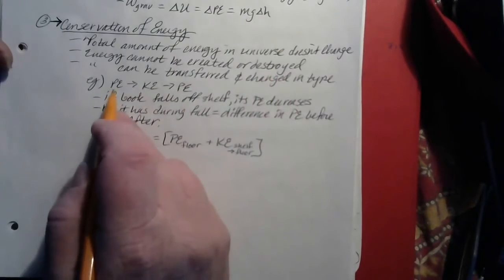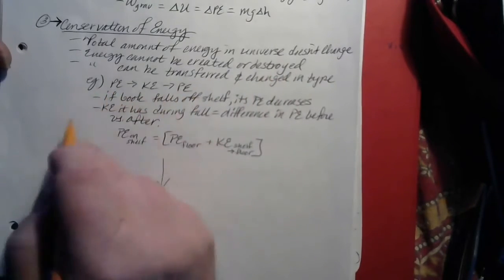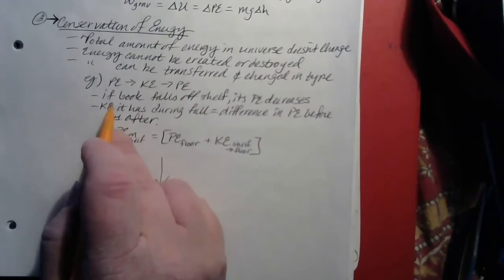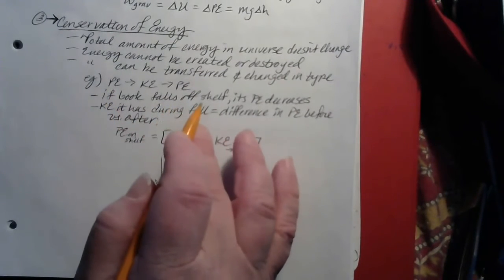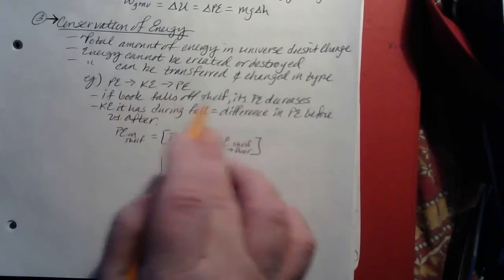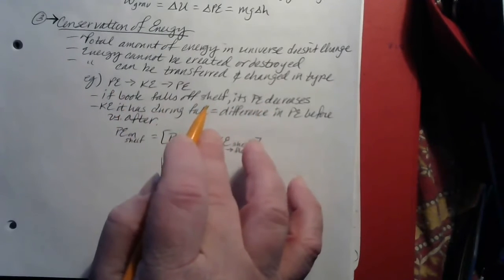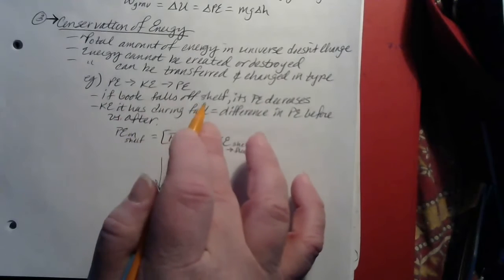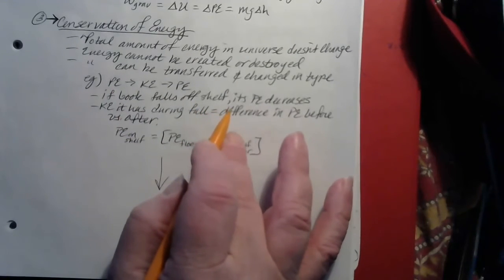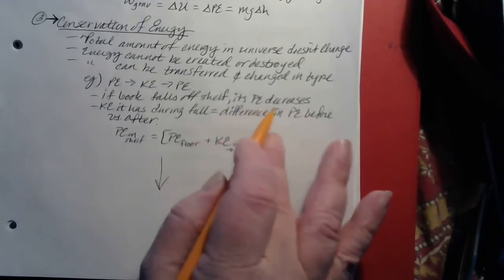And a good example of changing from one form of energy to another, and of conservation of energy, is, say, if you have a book that's on a high shelf and it falls off onto the floor. When the book was on the high shelf, it had high potential energy. And now that it's fallen on the floor, it has much lower potential energy because it's less high above the ground.